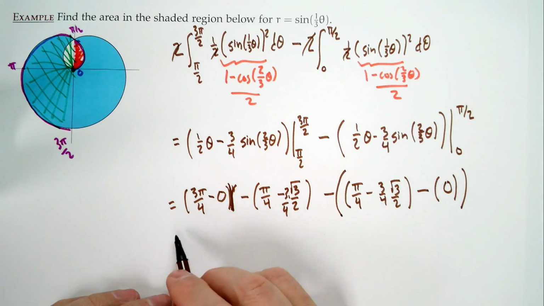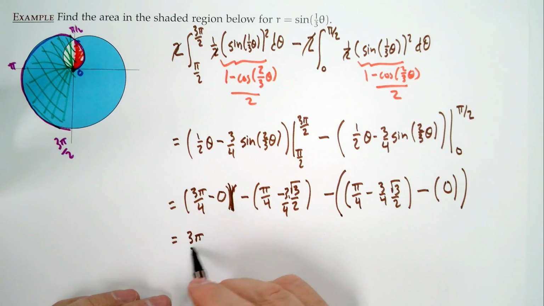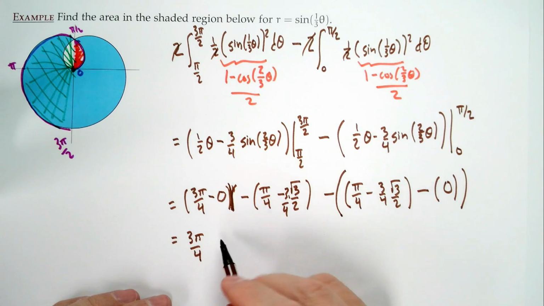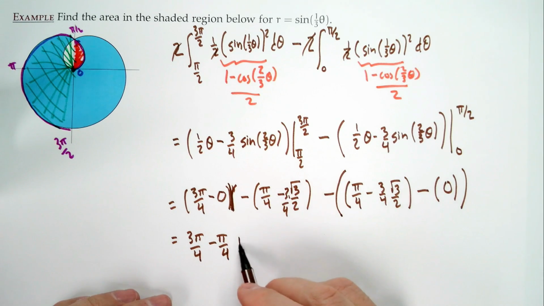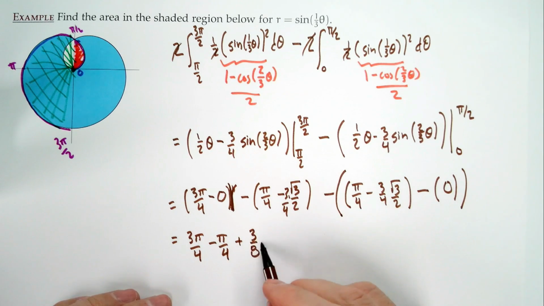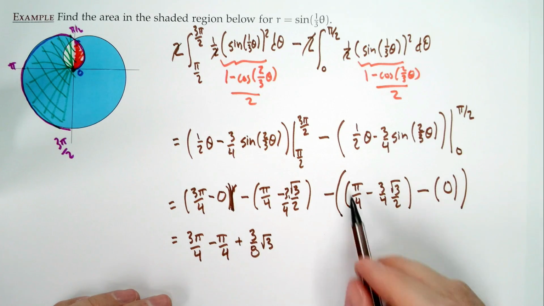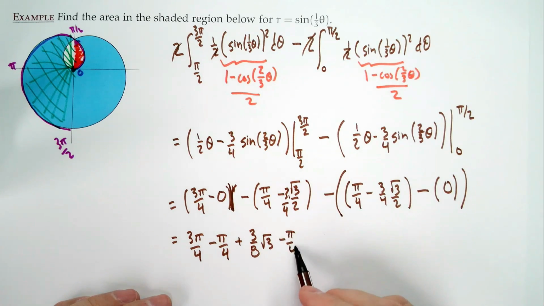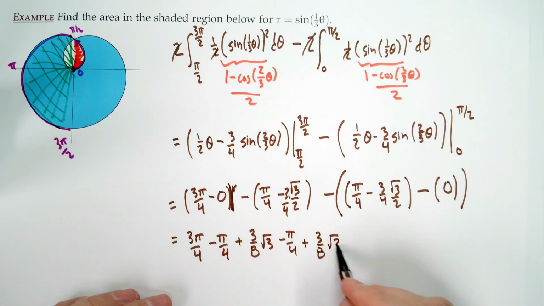So what do we have? We have 3 pi over 4 from our first term. We have a minus pi over 4. Then we have plus 3/8 root 3. And here we'll have a minus pi over 4, and then another plus 3/8 root 3.